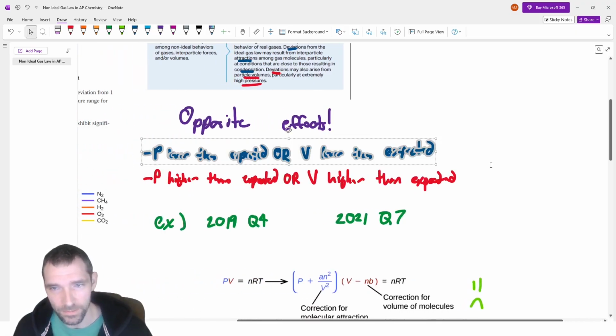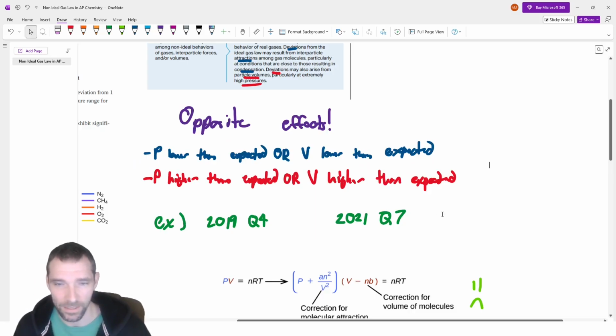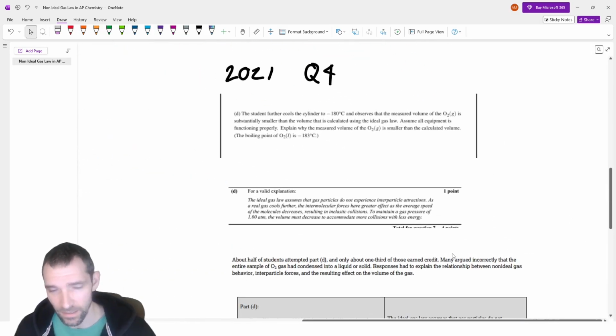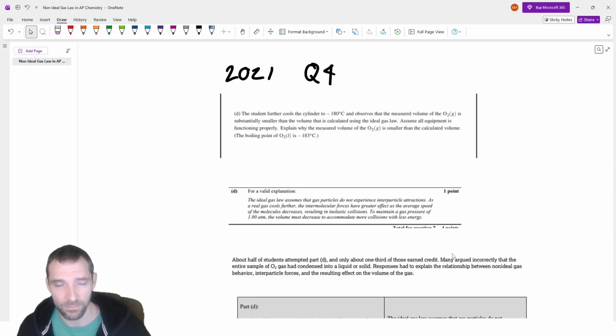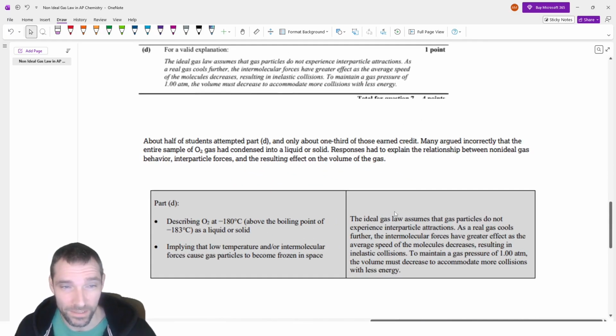So it's either going to be talking about the pressure being different or the volume being different. In this case, we were talking about that attractive force and how it's going to have an effect on either one of those two factors. Now, I haven't seen any FRQs asking about the molecular volume and how that would have an effect, but it's just the opposite.